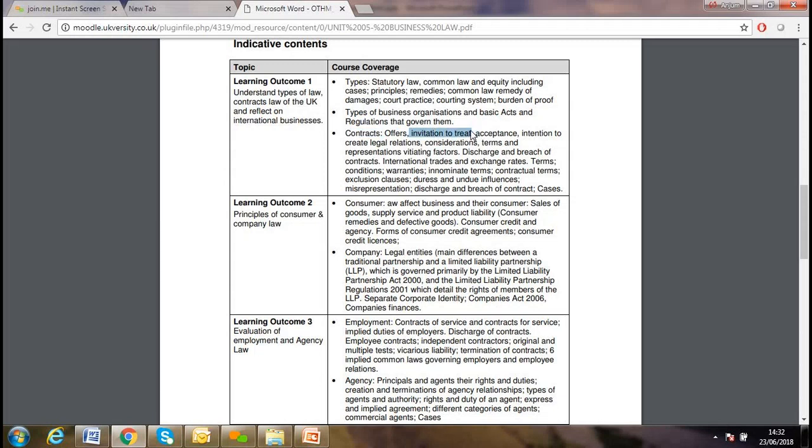Like advertising: when we do advertising, that's an invitation to treat. We are inviting you to buy, we'll offer you this price. Yes, but that price can be withdrawn, so anytime we can withdraw that price. It's not a contract; this is an invitation to treat.